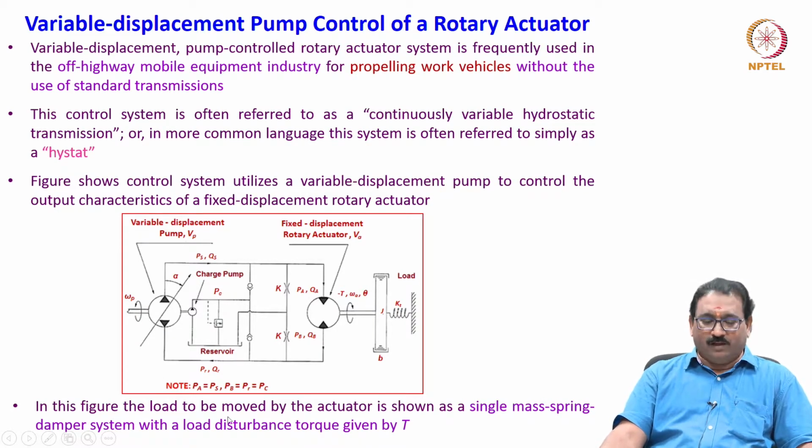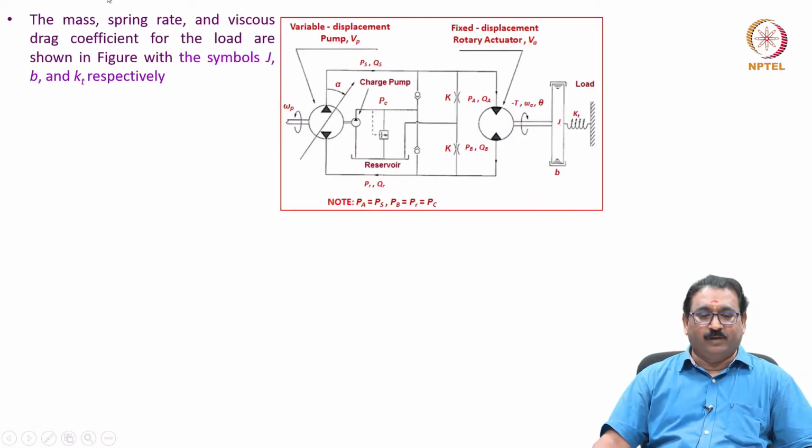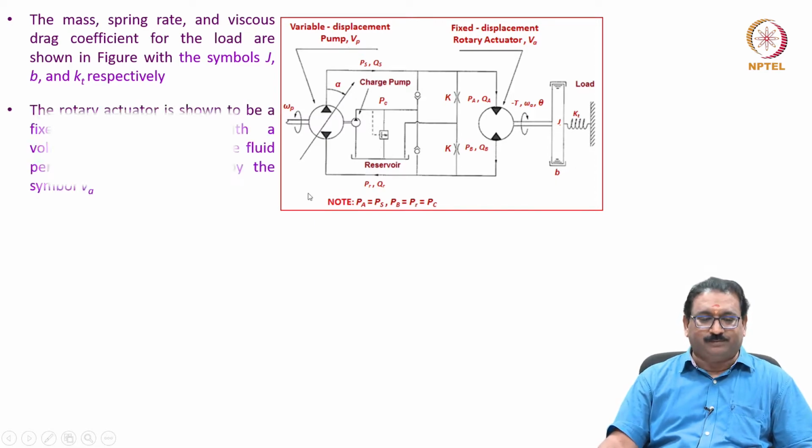In this figure, the load to be moved by the actuator is shown as a single mass spring damping system with a load disturbance torque T. The mass, spring rate and viscous drag coefficient for the load are shown in the figure with the symbols J, B and KT respectively.